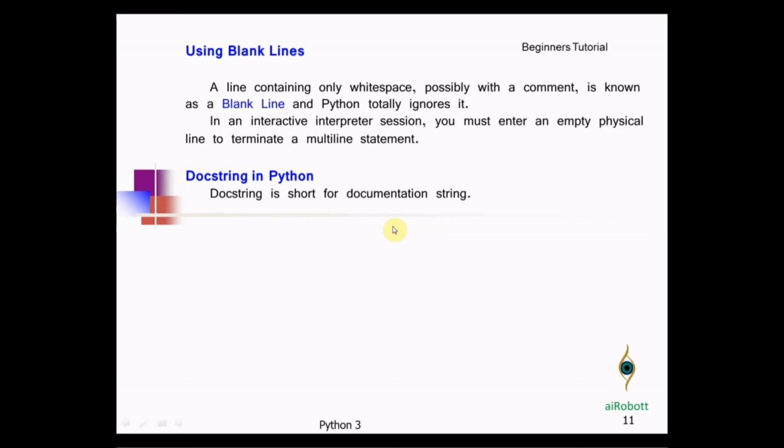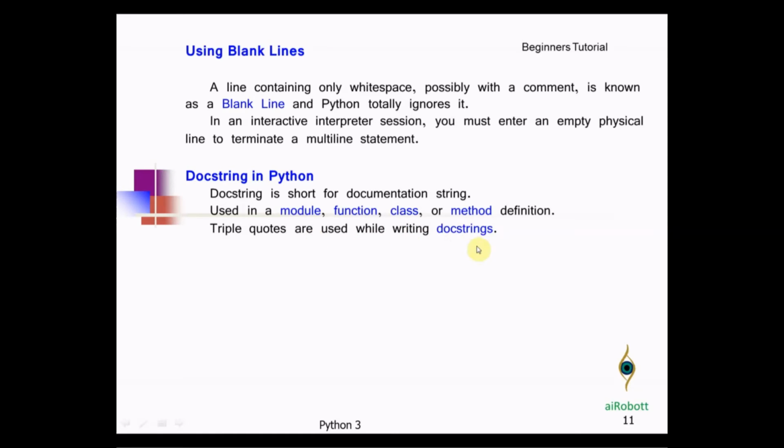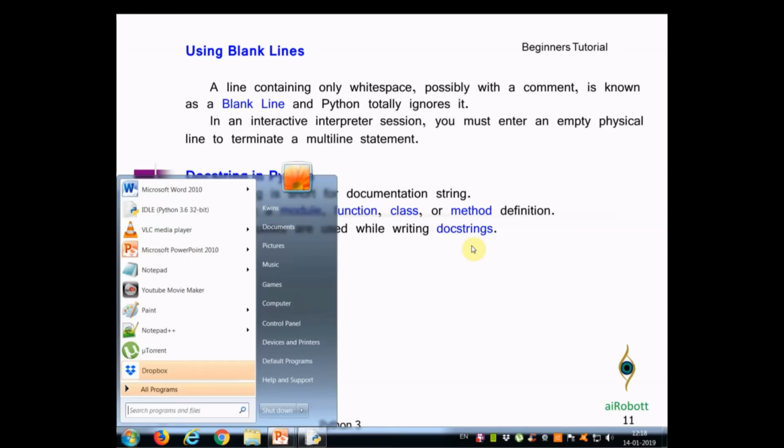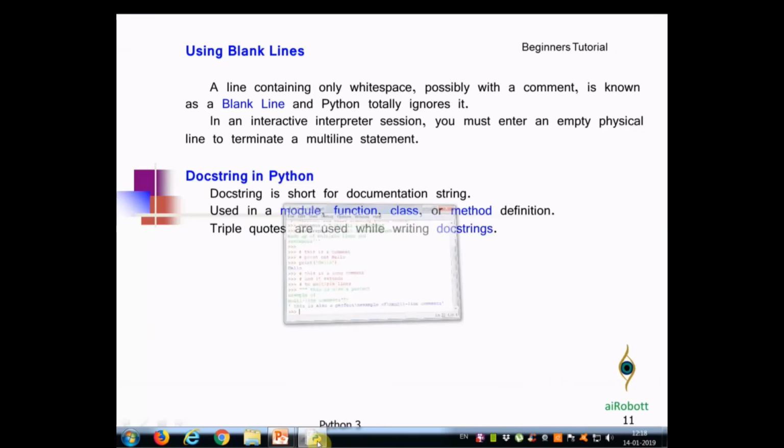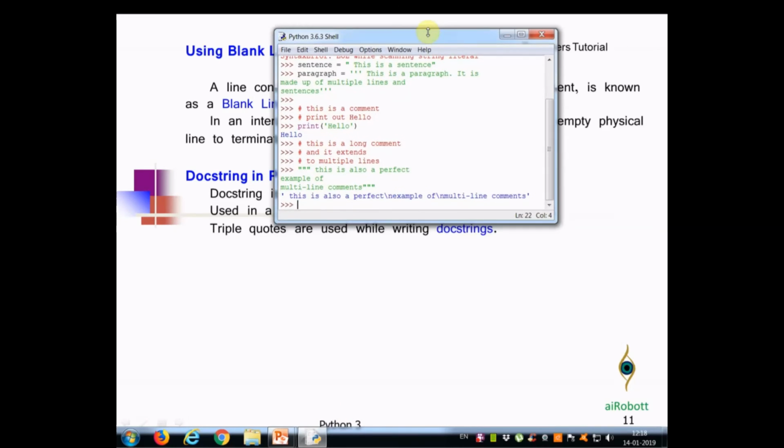It is short for documentation string. The docstrings are used in modules, functions, class, or methods definitions. Triple quotes are used while writing docstrings. Let's see the example here. You can understand by seeing this example.